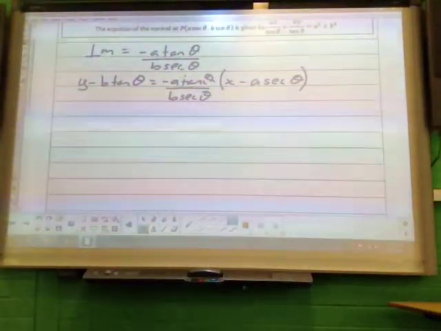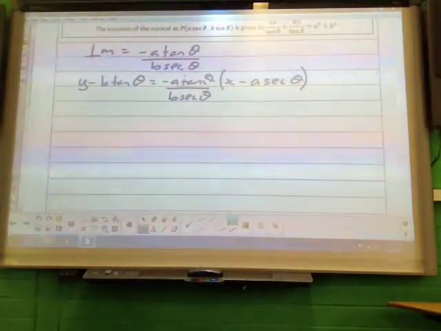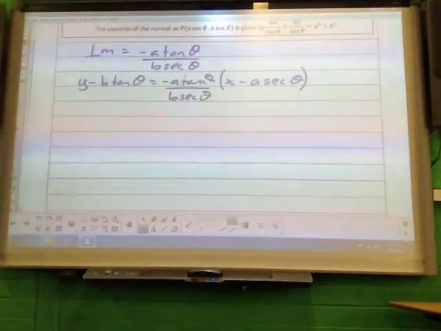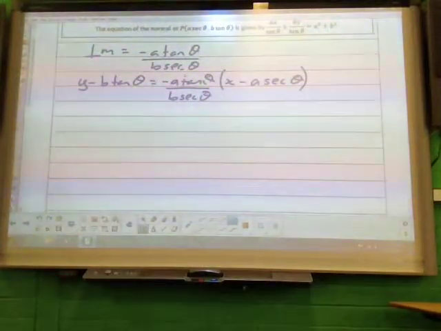Right, so I'm looking for a squared and b squared on the same side, and ax and by on the other side.